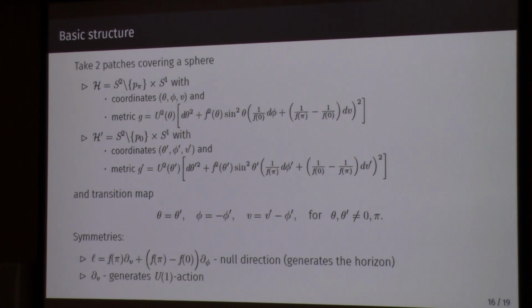So if you look at the coefficient at the pole, this coefficient is just like a sine square, the same as for a regular sphere, and similarly for the other part, just with the second pole, and you glue them by this transition map, which you can also rephrase as saying that V is now a periodic coordinate, so this D generates this one function.